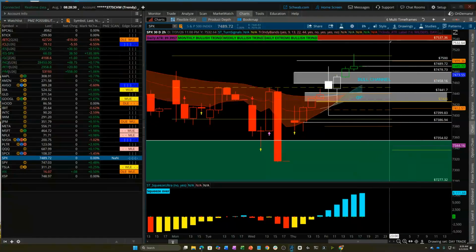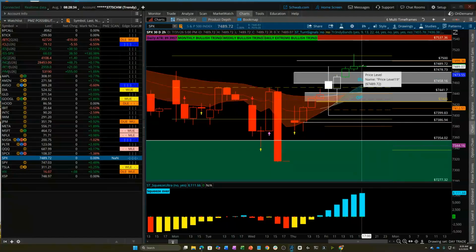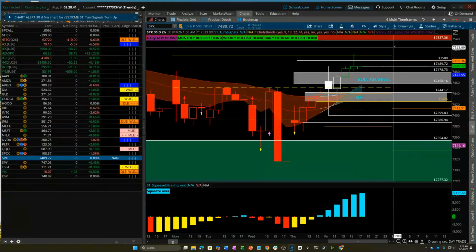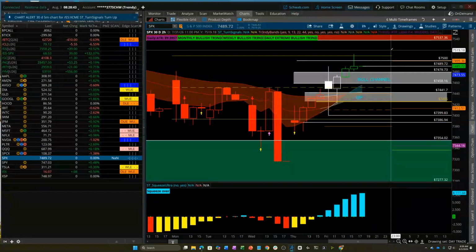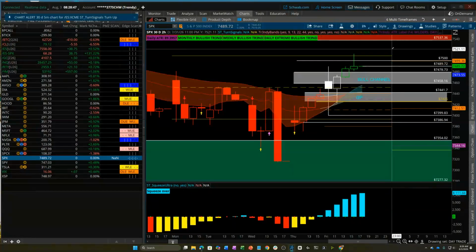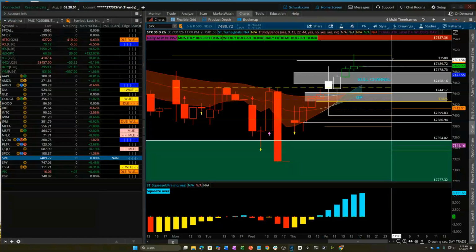Depending on where my PMZ prints, I will run some Fibonacci's from where we closed on Friday up to today's high once we open. And then I will also have some other targets inside of here and some potential intraday scalp type zones to go long from as well.